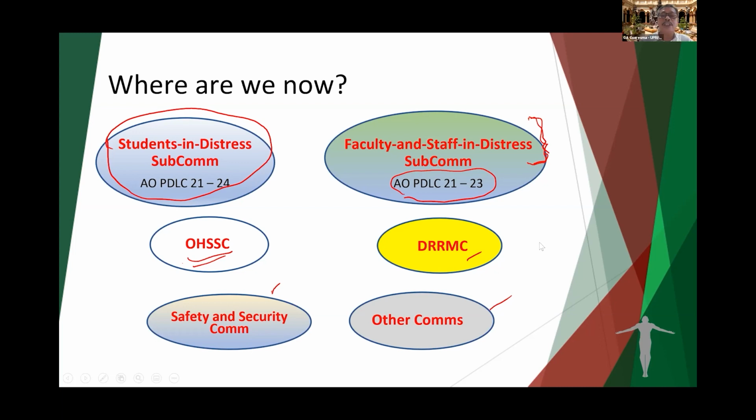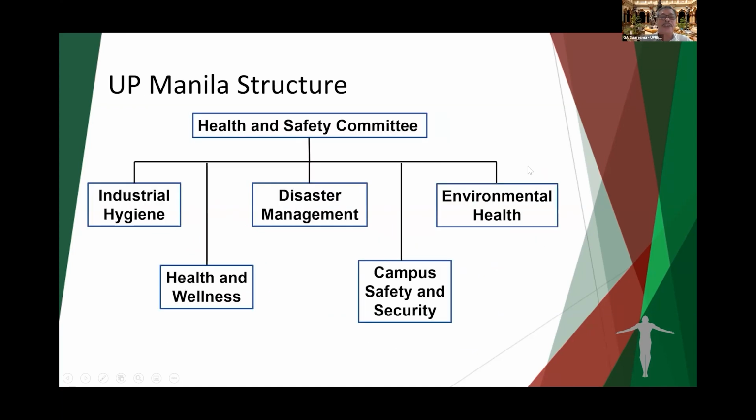In fact, from a document that I obtained, UP Manila has this structure already. Under the Health and Safety Committee, they have 5 subcommittees: the Industrial Hygiene, Disaster Management, Environmental Health, Health and Wellness, and Campus Safety and Security.